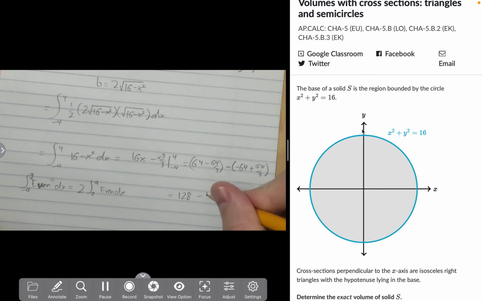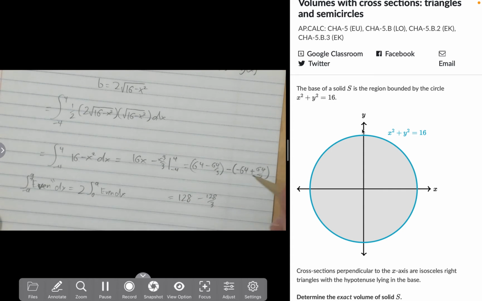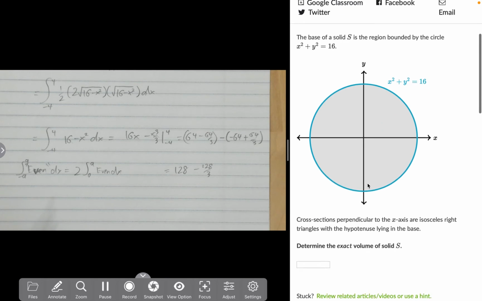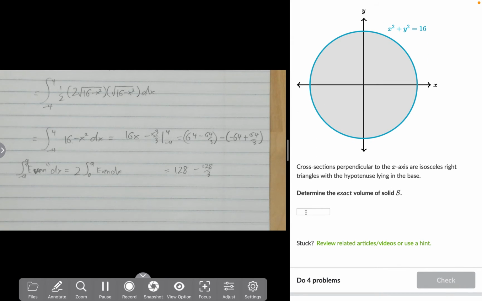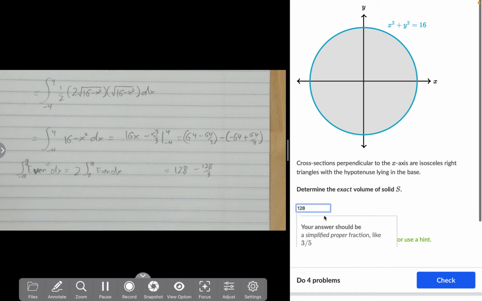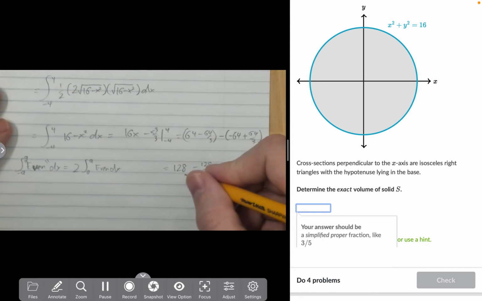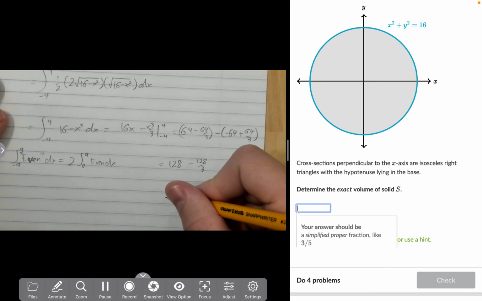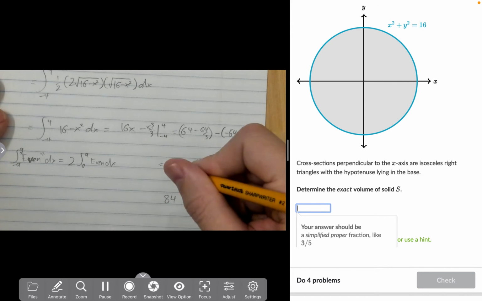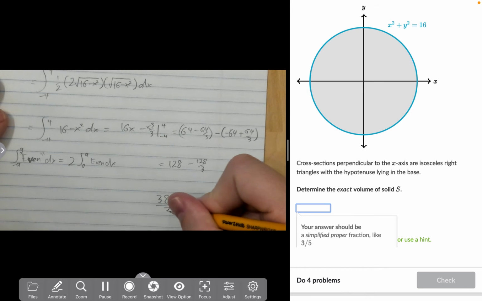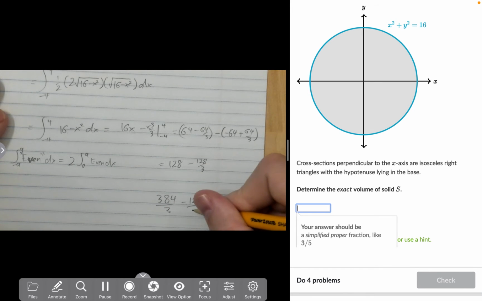minus 128 over 3. My answer should be a simplified proper fraction, so I just need one answer. Okay, so I need to multiply that by 3. 384 over 3 minus 128 over 3.